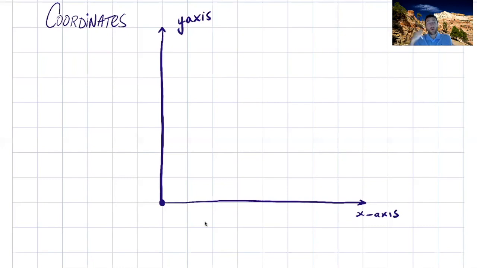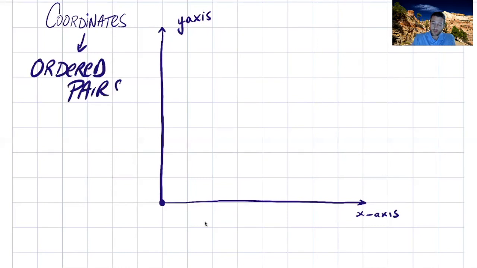All right. So coordinates are what we call ordered pairs. When we look at this quadrant here of the x and y axis, we label our numbers because remember, these are number lines.